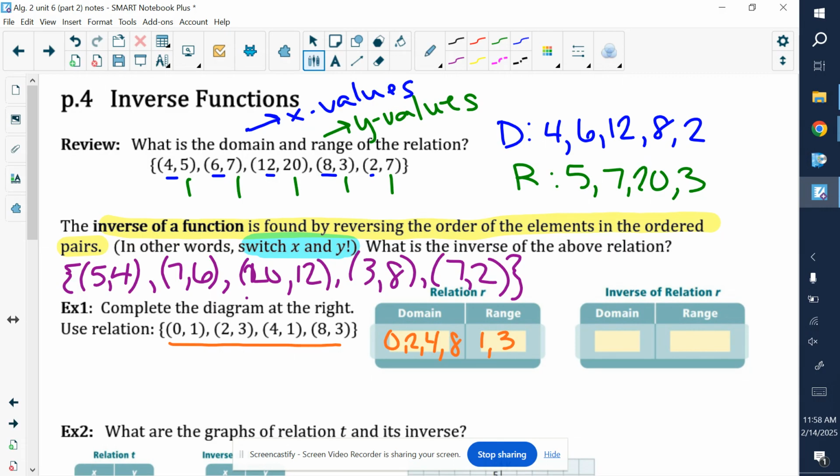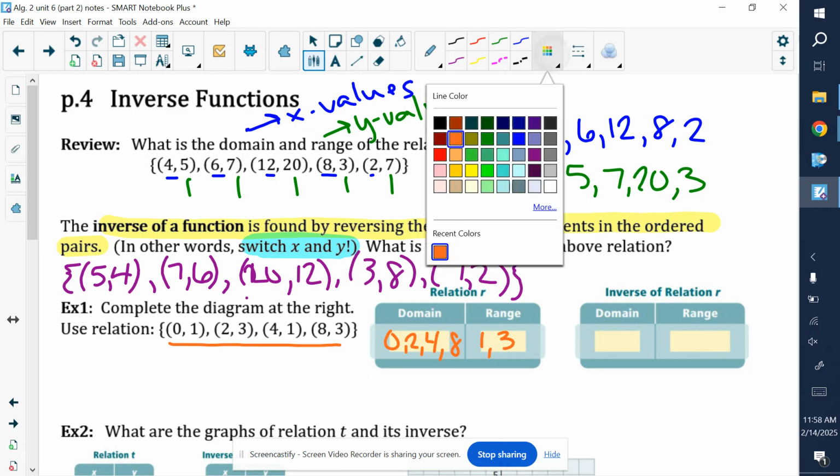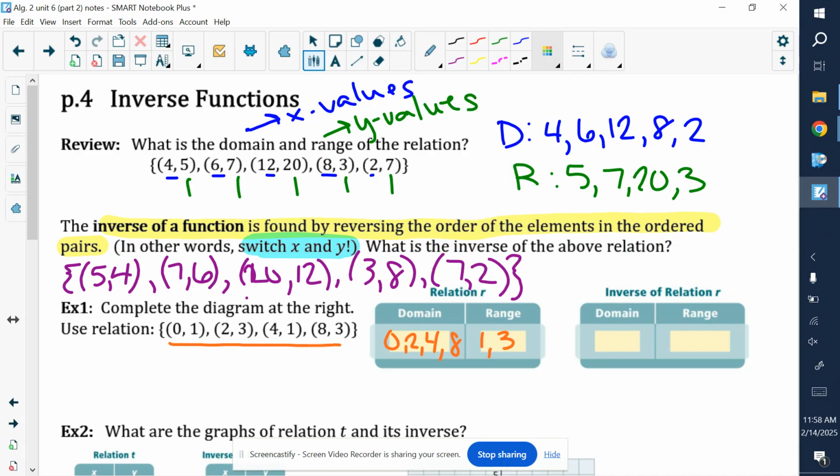I don't need to relist 1 or relist 3. The inverse of that, I merely flip-flop or switch my x and y. So what that means is my range is now my domain, and my domain of my original function is now my range.